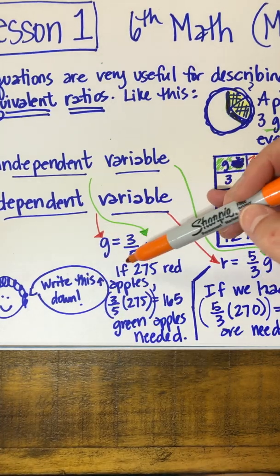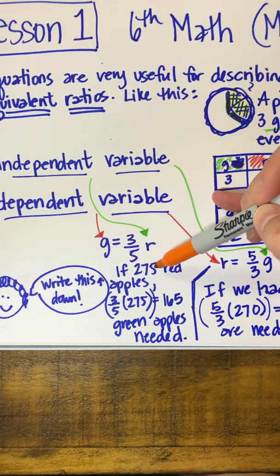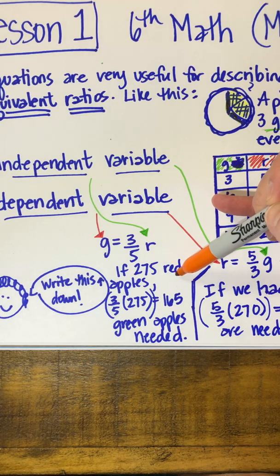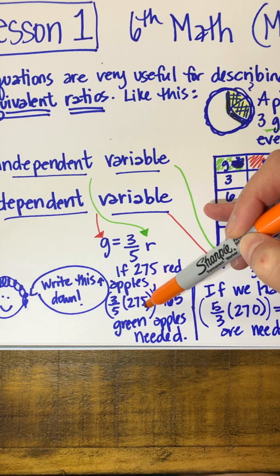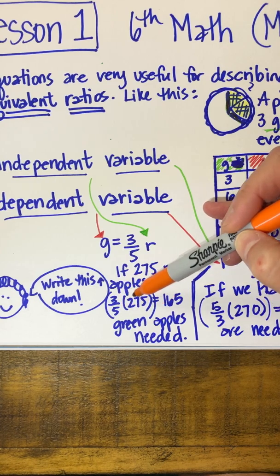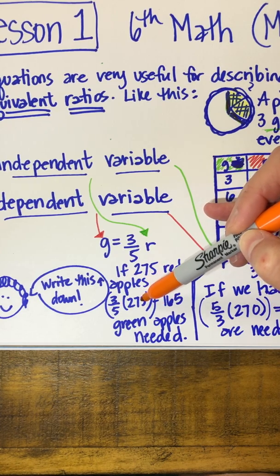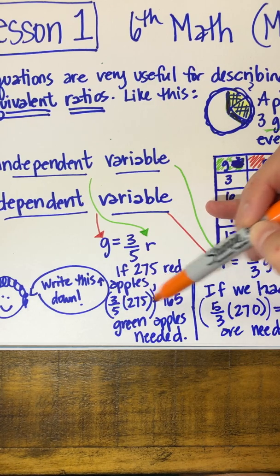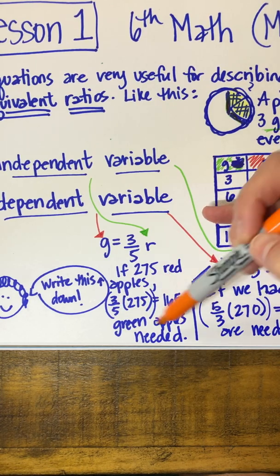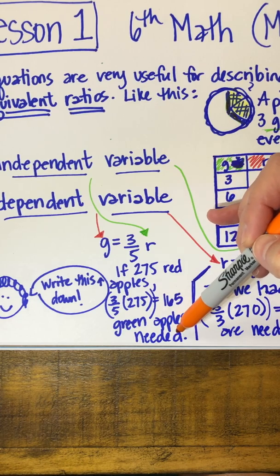And here's our example. If we have 275 red apples, then we're going to have to take 3/5 of that to figure out our green apples. So 1/5 of 275 would be 55, and 3 groups of 55 would be 165 green apples are needed.